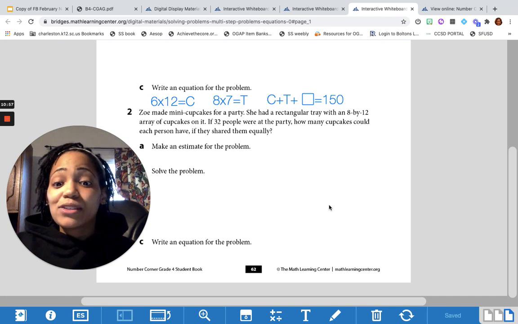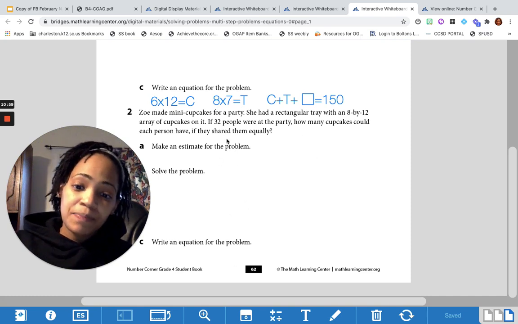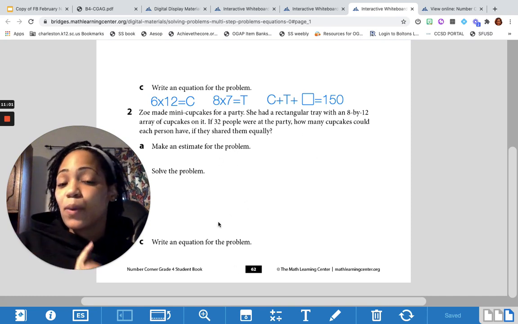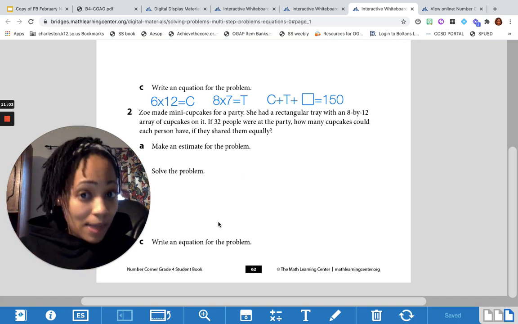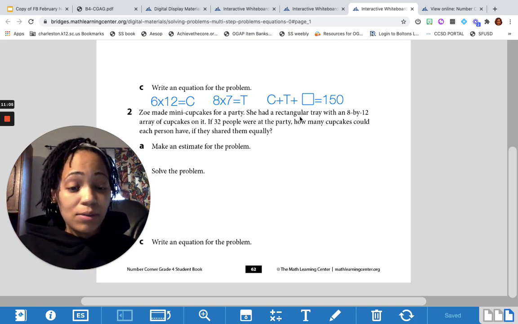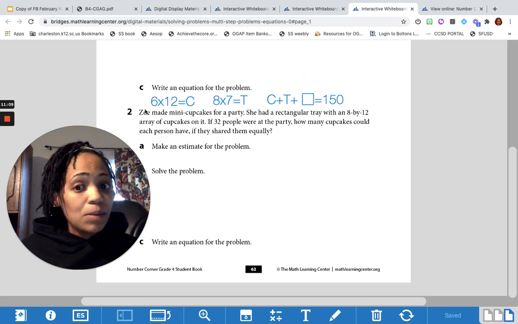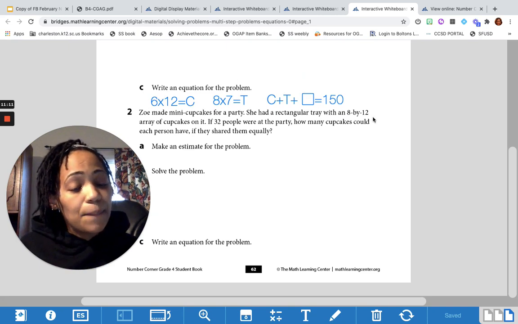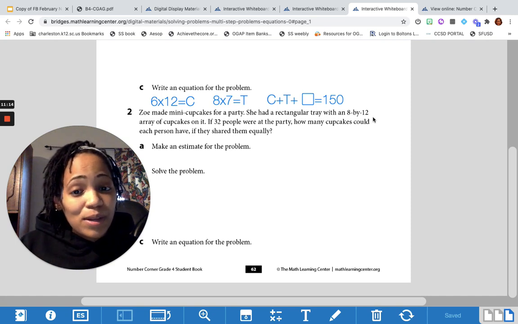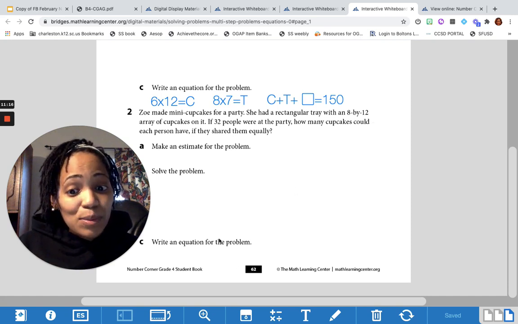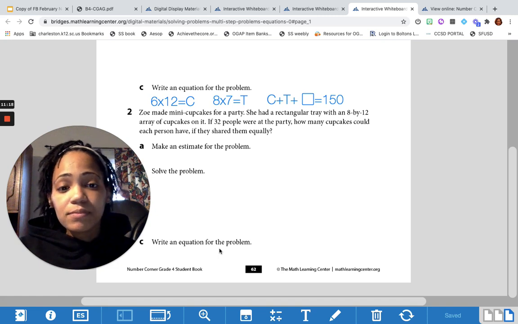Okay, so when we're solving this backwards, we're going to write an equation for each step. Now, unlike before, you still have to write a complete equation. I didn't help you with that. I just helped you with the step-by-step piece, and then you should be able to put it all together, okay? So that's what we're going to do down here, step by step.